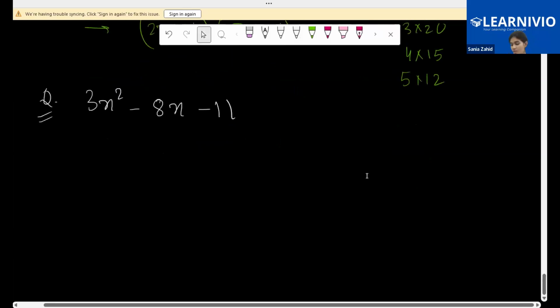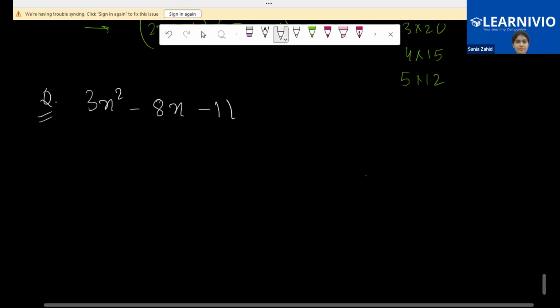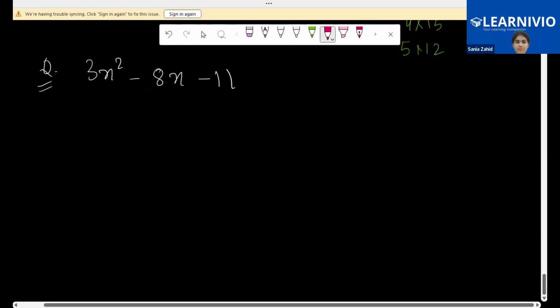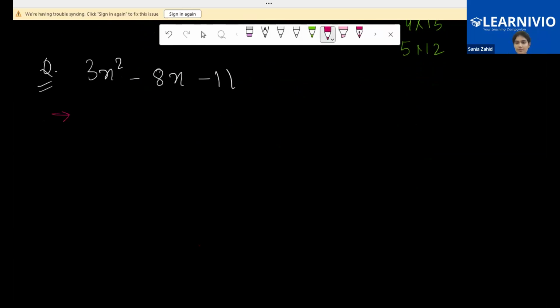Yeah, children, let's discuss the answers. This one, Hafsa, tell us. First, what am I supposed to do? We're supposed to multiply 3 into 11.